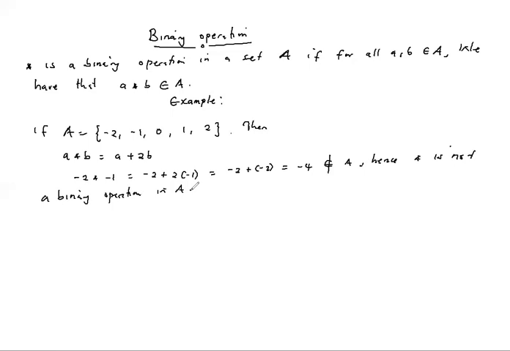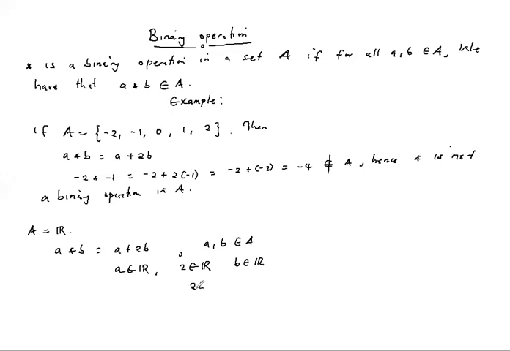But if you extend the set, suppose we say A is R, the real numbers. So you say a star b is equal to a plus 2b. Then of course this is a binary operation, because the assumption is that a and b are in A, meaning that they are real numbers. So a is a real number, 2 is a real number, b is a real number.